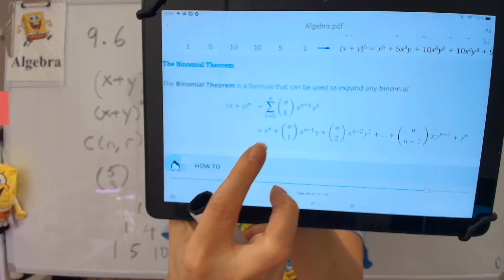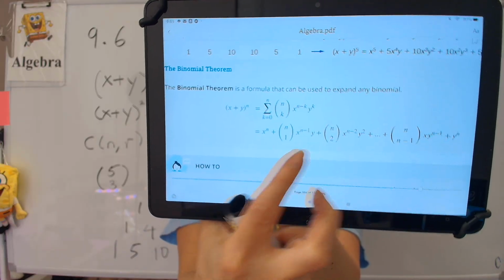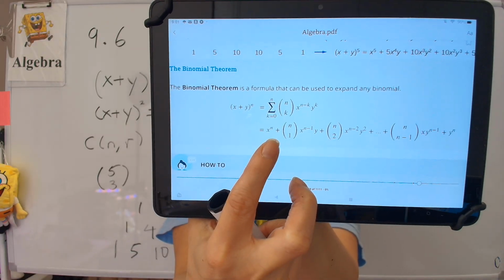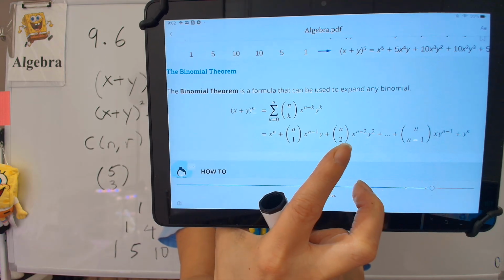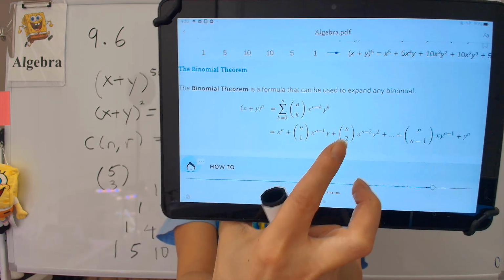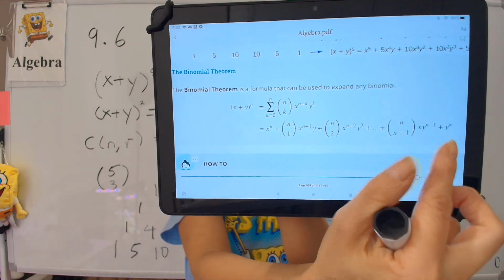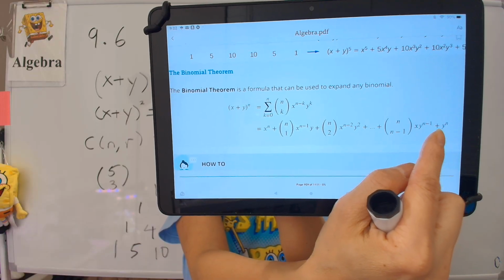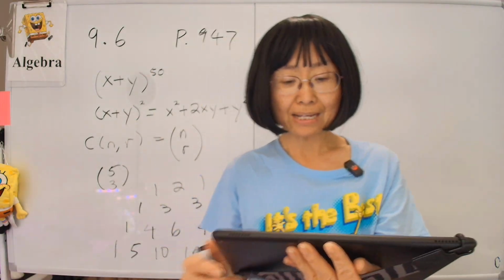So you start with x to the power n, then the power of x gradually decreases 1 at a time. Okay, the power of y gradually increases 1 at a time until you come to the end where you have only y to the power n, and the coefficient of y is 1.